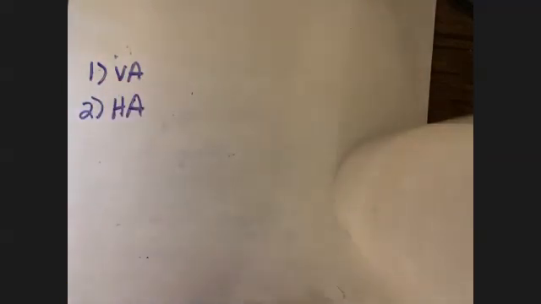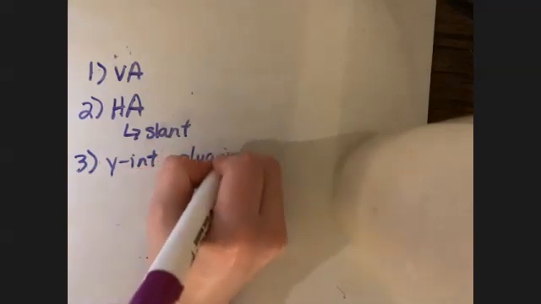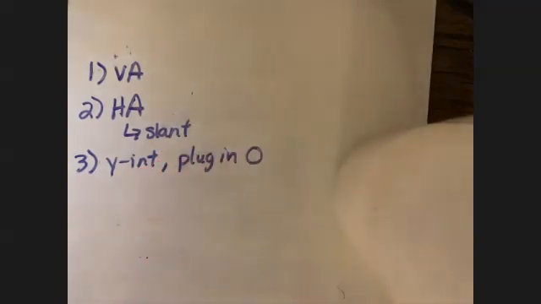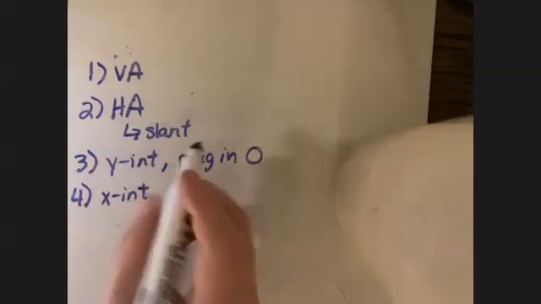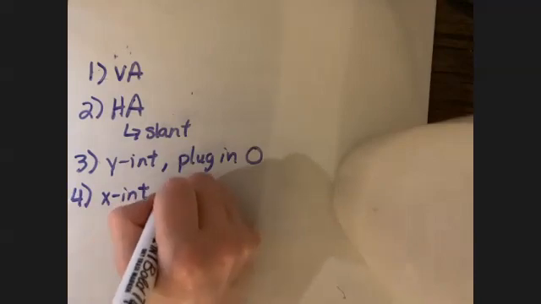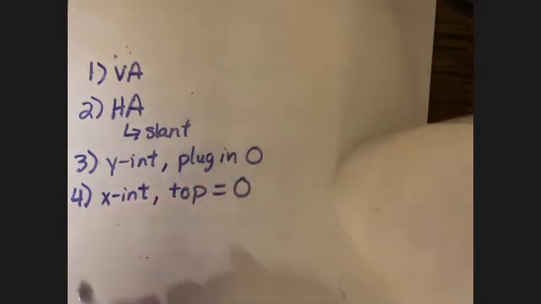Then I want to find horizontal asymptotes, and underneath that would be slant if it's going to happen. The third thing is I want my y-intercept, and in order to do that, you're going to plug in 0. Next, I want my x-intercepts, and this is, you take the top and you set it equal to 0.